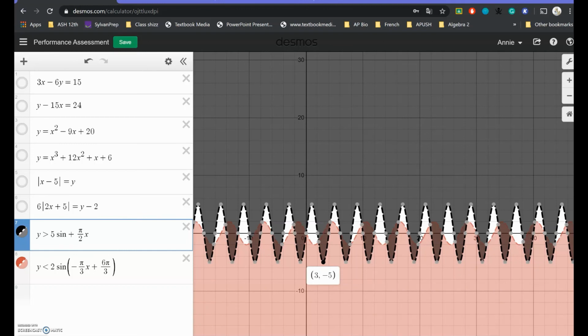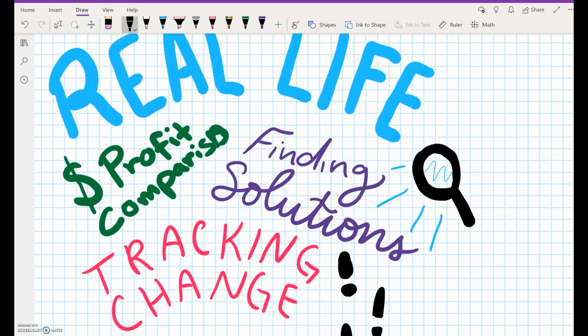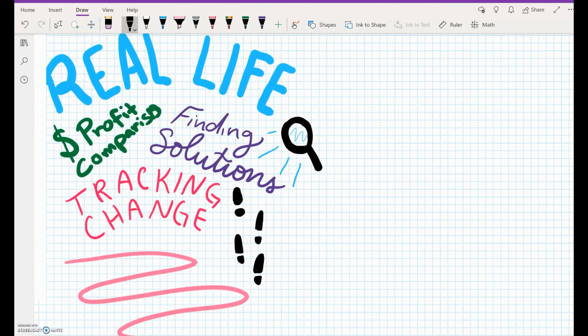So now, we're going to talk about how you would actually use these things in real life, which is a question all math teachers get a lot. I'm not one, but I know that they do. Firstly, I'd like to say that math isn't really a subject whose only use is directly using these things in real life.